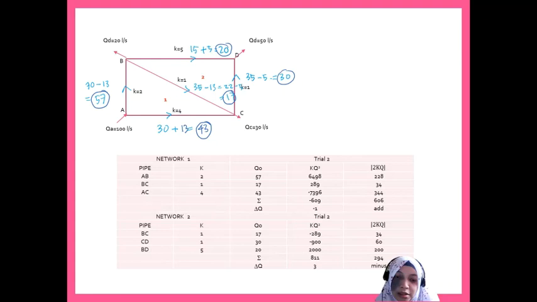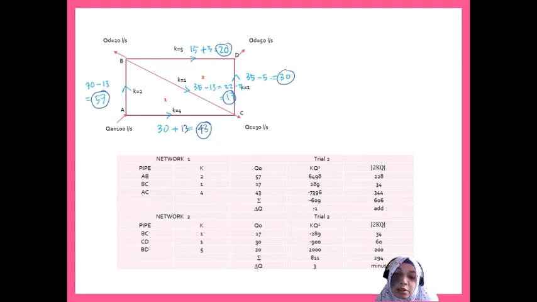And it is also in network 2 because it is positive, so if it has clockwise direction, the discharge has to minus, but if it is opposite, plus.